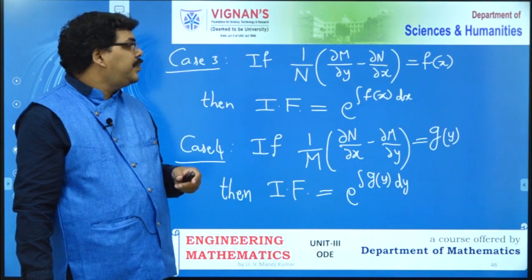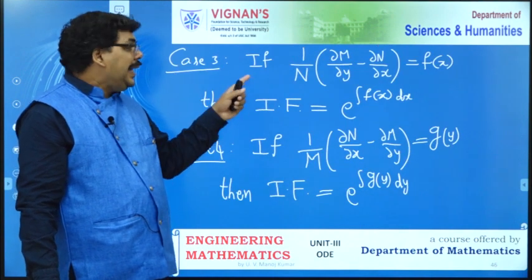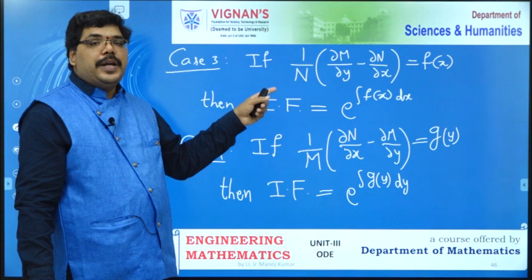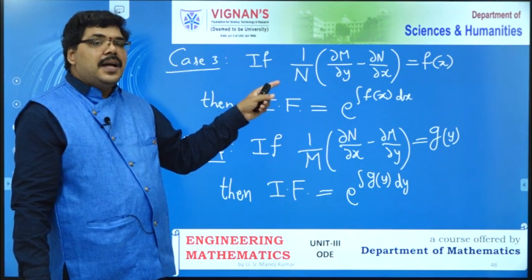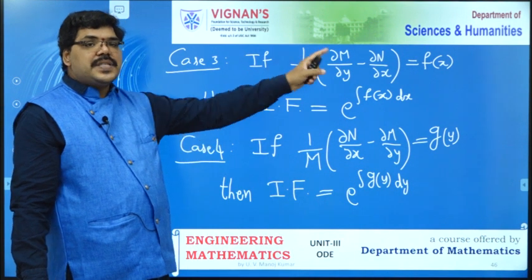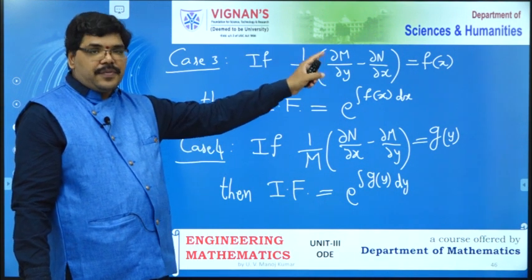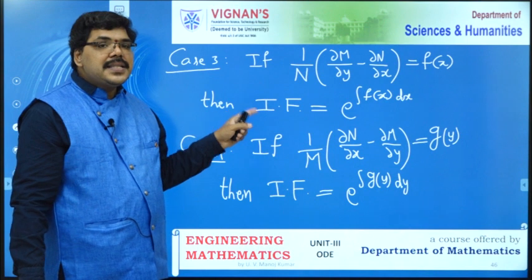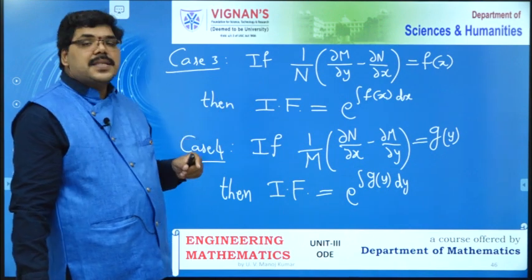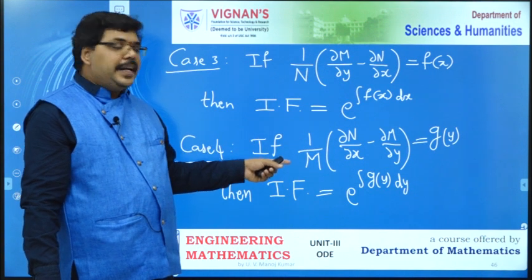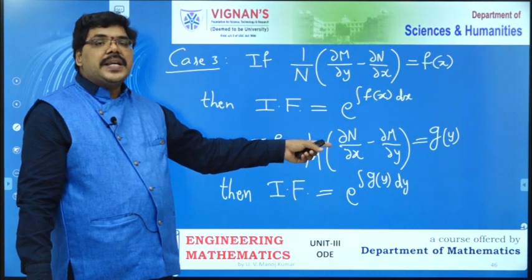The third case is 1 by n into (dou m by dou y minus dou n by dou x). If you calculate this and the result is a function of a single variable x, let us say f of x, then the integrating factor is e power integral f of x dx. The fourth case is 1 by m into (dou n by dou x minus dou m by dou y).